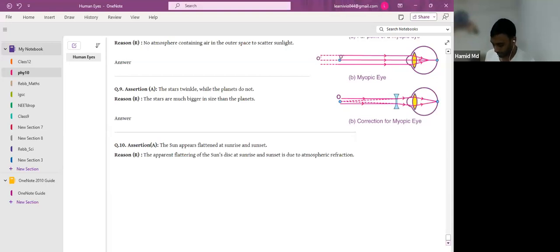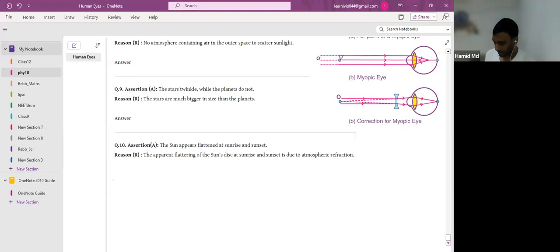Have you solved all the exercise numericals? Yes, sir. Okay. So we are already done with electricity.